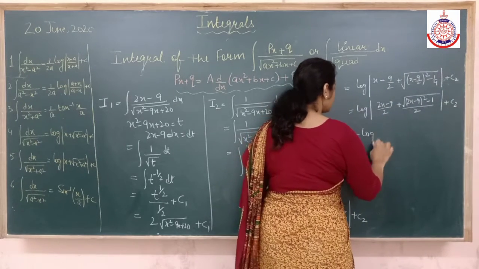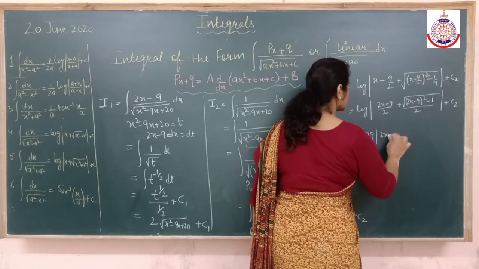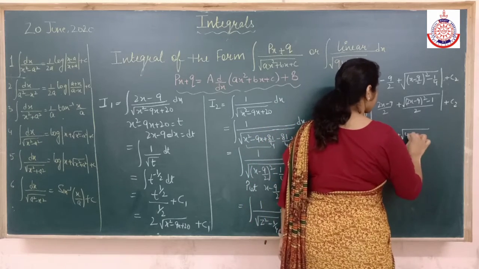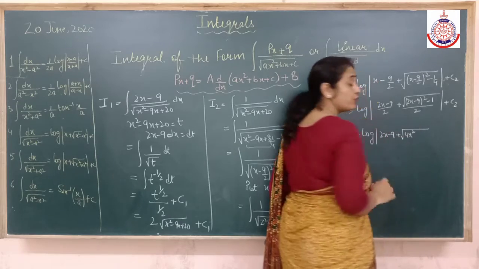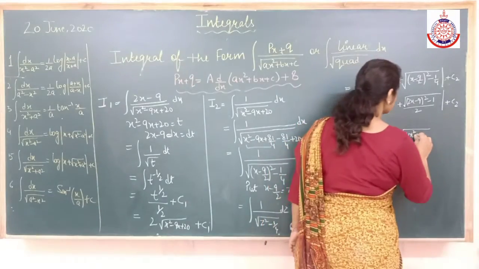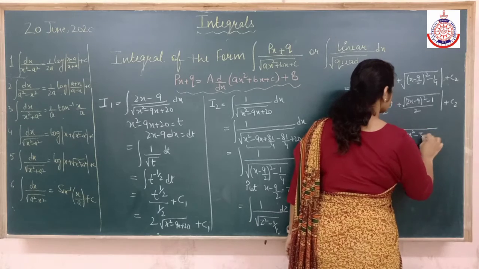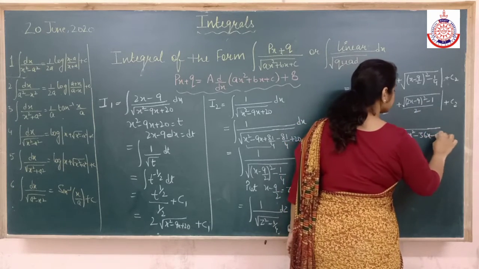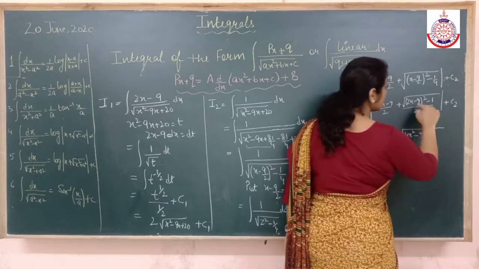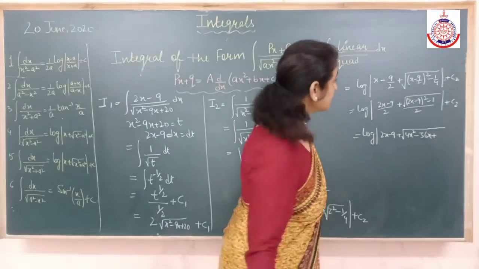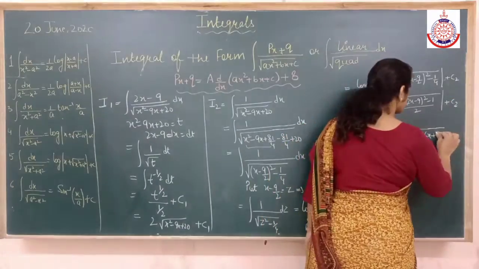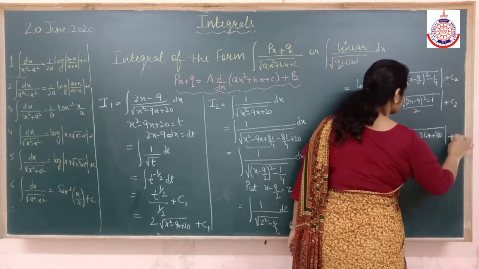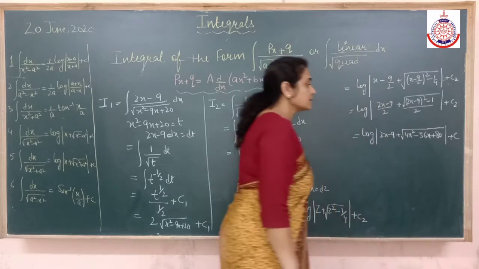So we are left with 4x square plus 81, fine.